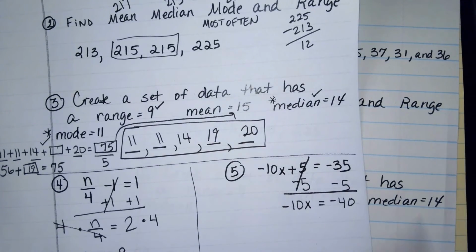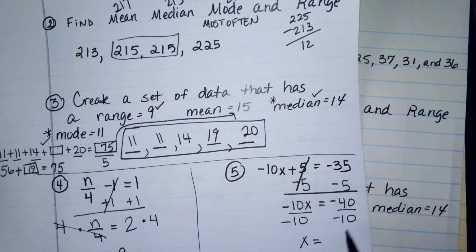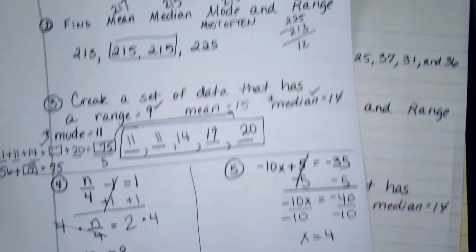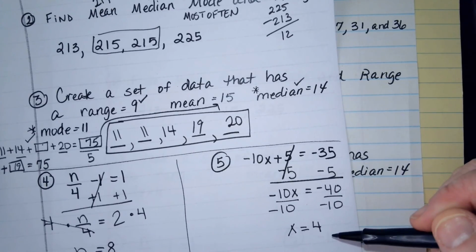Next step. Summer? Divide negative 10 from negative 40. So x is? 4. Positive 4. Why is it positive? Because a negative divided by a negative is a positive.